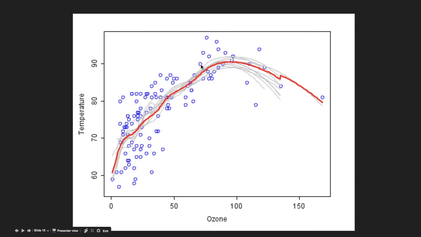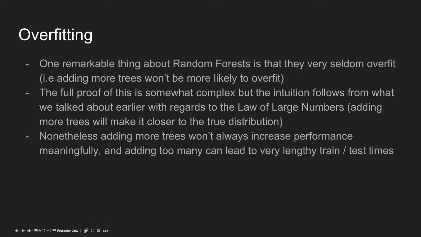It'll understand that this curve follows this sort of parabolic shape, and it doesn't overfit too much to these points over here, but it also doesn't just assume a straight line and not weigh these points too heavily. So averaging a bunch of weak learners can produce a strong learner.